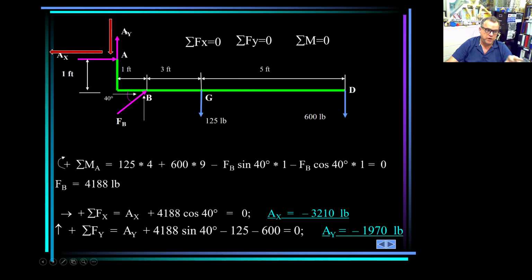But I'm going to put here my value for AY pointing down and my value for AX pointing to the left and my value for FB pointing in this direction. If I put those values over there, whatever point, here, here, here, I don't know, whatever point you want to, if you do summation of moments, that is 0. And that can give you a very good way of proving that your solution is correct.